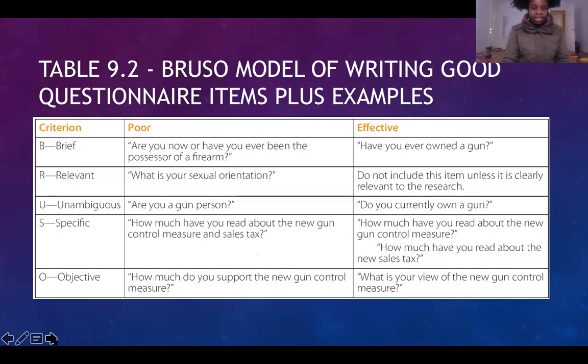Okay, this is table 9.2, BRUSO's model of writing good questionnaire items plus examples. Okay, so a rough guideline for writing questionnaire items is provided by BRUSO, the BRUSO model, okay, which is an acronym for brief, relevant, unambiguous, specific, and objective, okay?